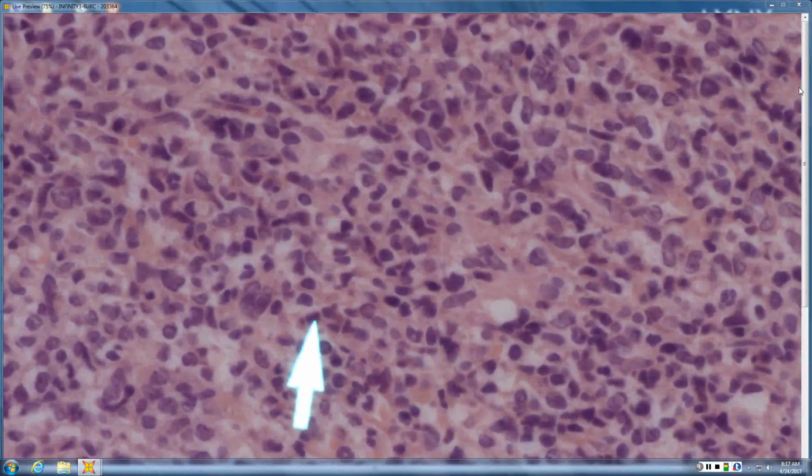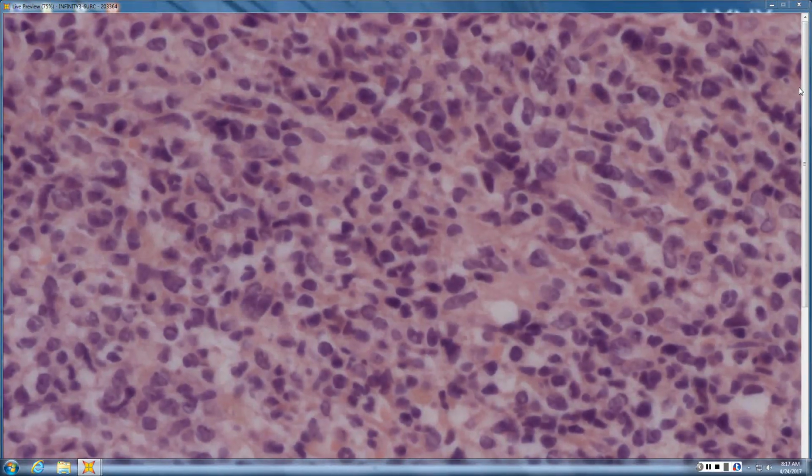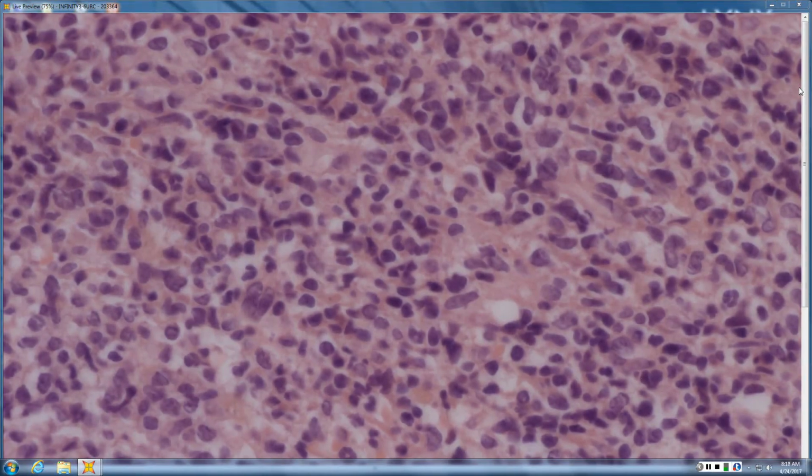See how they're on a background of pink? So these cells, most of the lymphomas we saw were just nucleus. This has definite cytoplasm. We saw little of that with the marginal zone lymphomas.